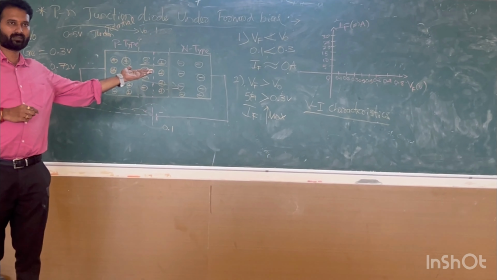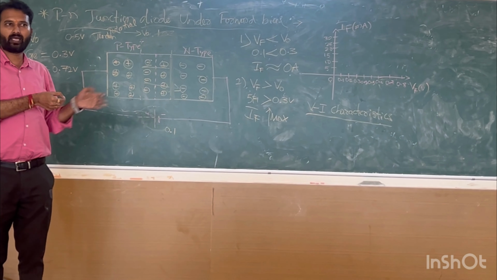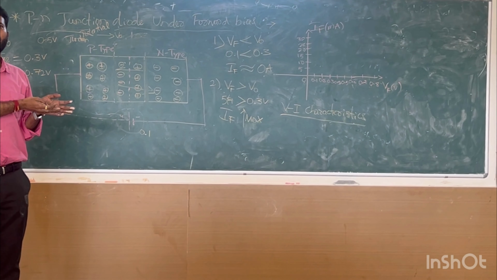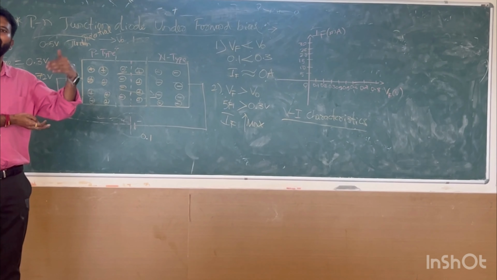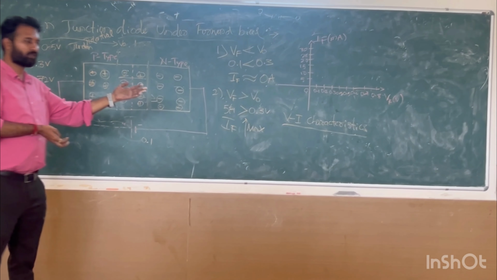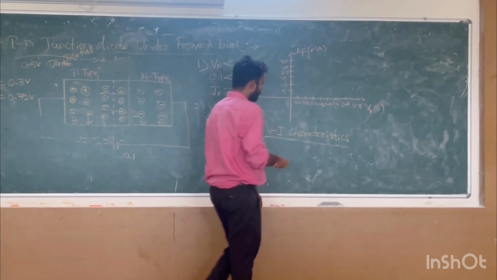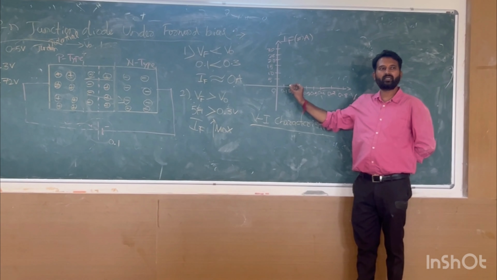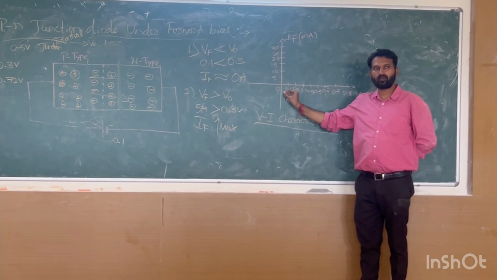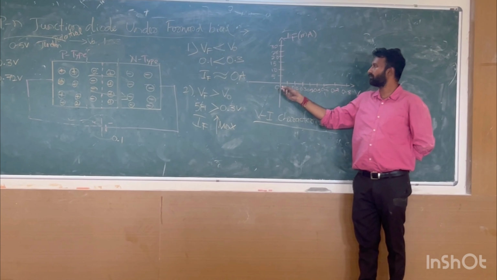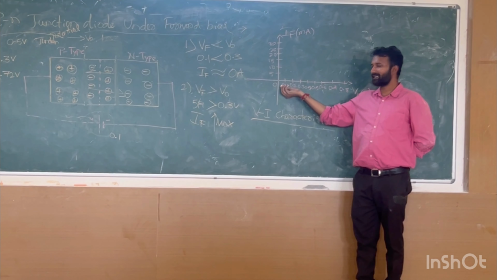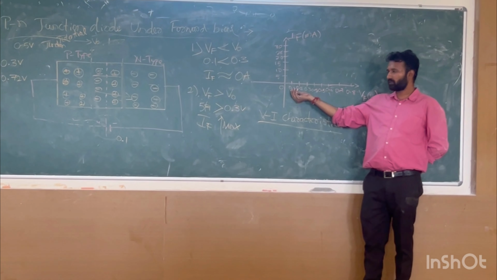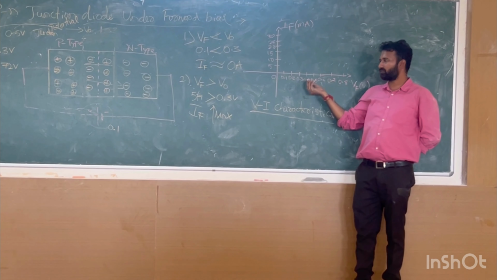Let me explain the VI characteristics. Practically, you will take these components and connect this diode under forward bias condition in the lab. For example, if your diode is made up of germanium and you are increasing the voltage in steps of 0.1, 0.2, 0.3, 0.4.